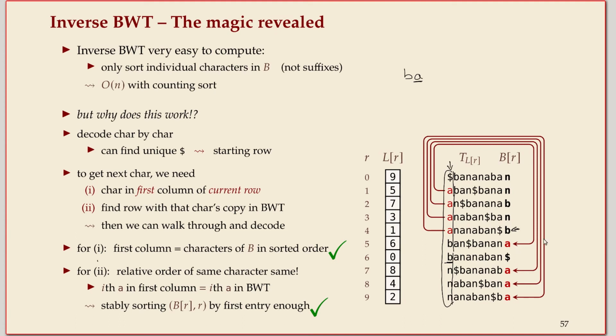The reason for that is that these are sorted suffixes. These suffixes are in sorted order. So I take these suffixes. Oh, I should have taken the dollar. So we have these four suffixes.